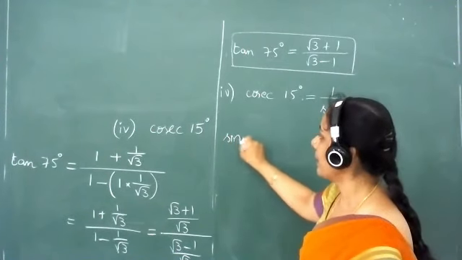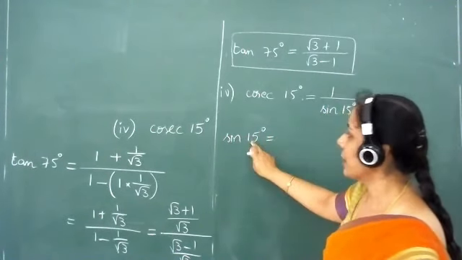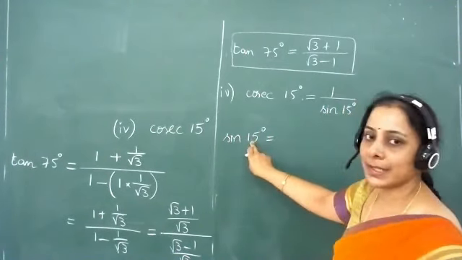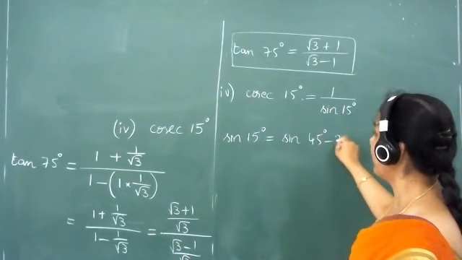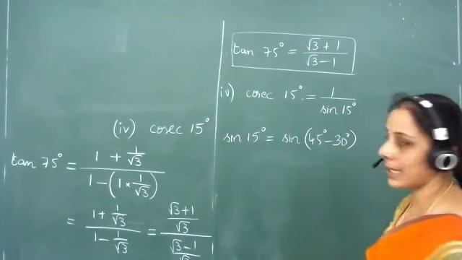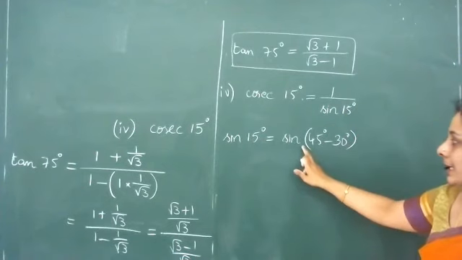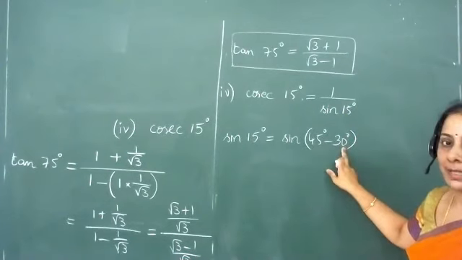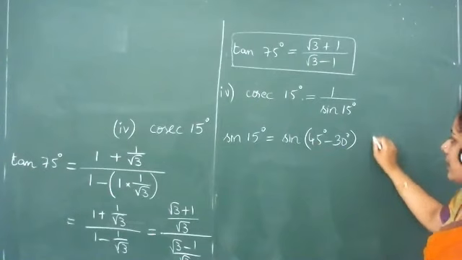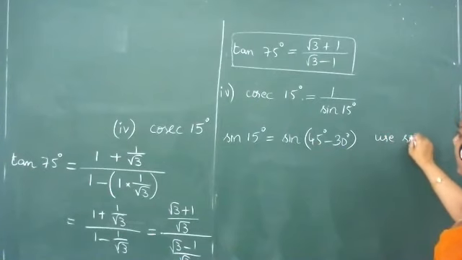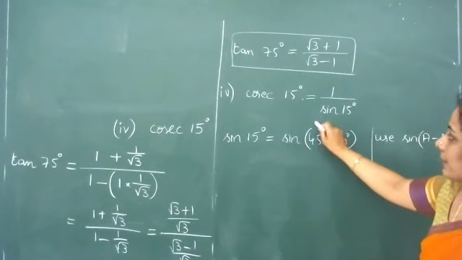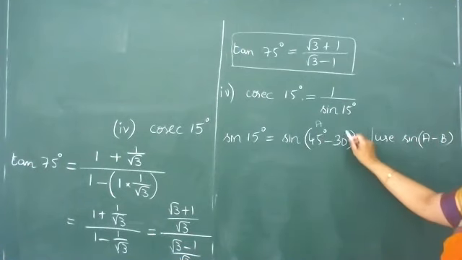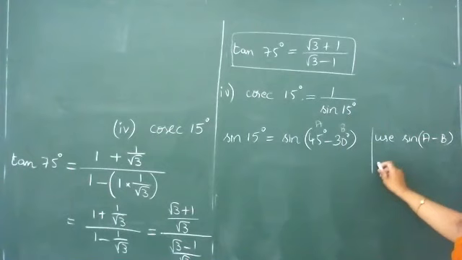To find the value of sine 15 degrees, we shall express 15 in terms of two standard angles, and that possibility is only 45 minus 30. So sine 15 will be taken as sine of 45 minus 30. Now this got reduced to the sine of A minus B formula, is it not? For A you have 45 degrees, for B you have 30 degrees.